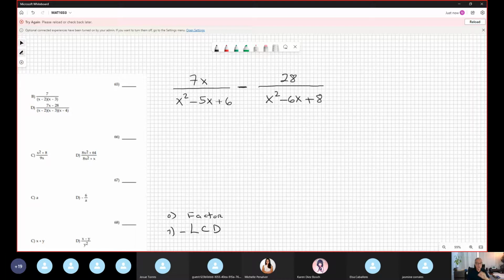Because I see in the denominator we have two trinomials, I need to apply my best skill of factorization. The factorization in the first is 3 and 2, no? Both negative. Yes or no? I'm doing it fast because I suppose you know. If you don't know, I explain again.